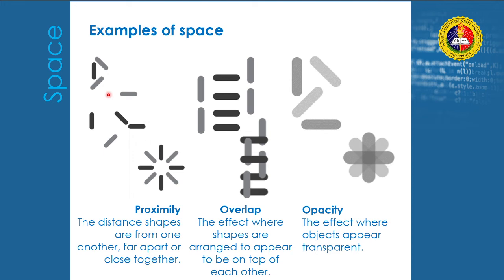Next is overlap. Overlap refers to the effect where shapes are arranged to appear to be on top of each other. So this is not overlapping because they are far from each other. However, when we move the visual elements closer, magsugod na ang overlapping. So for example, let's take a look.